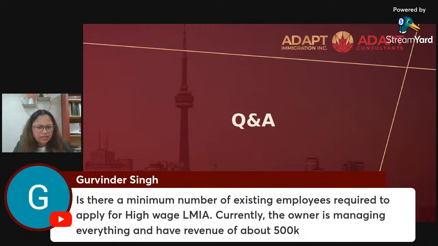Is there a minimum number of existing employees required to apply for high wage LMIA? Currently, the owner is managing everything, and I have revenue for 500.